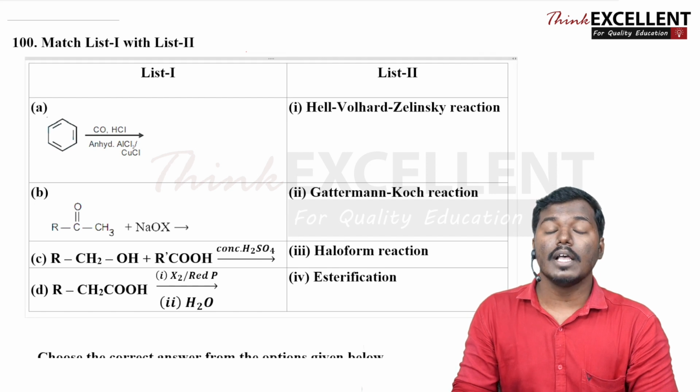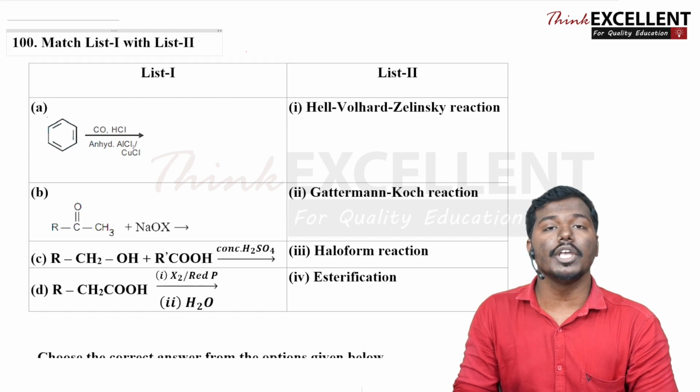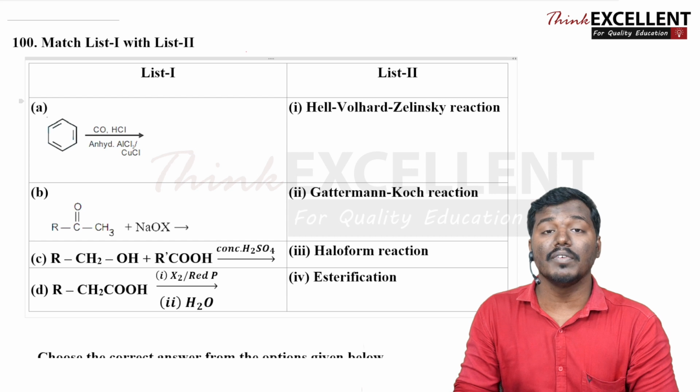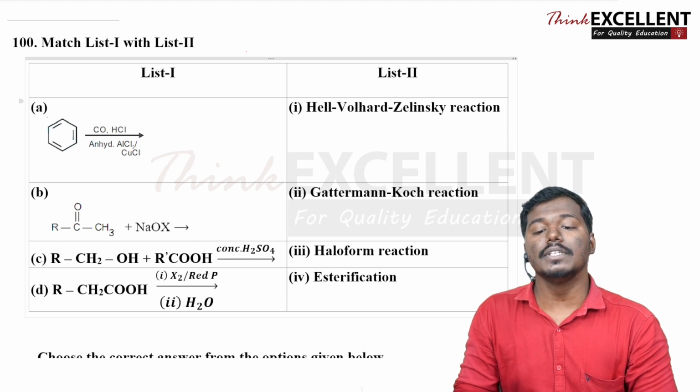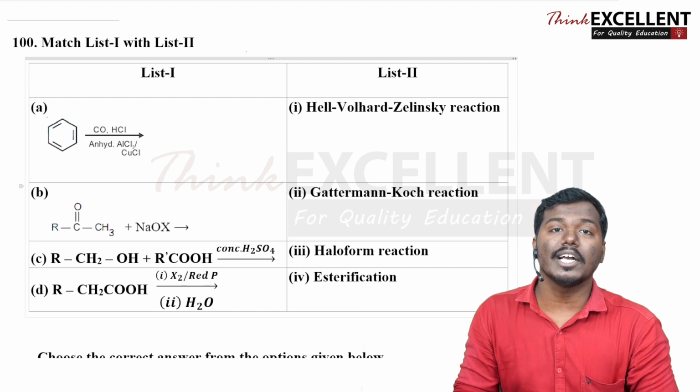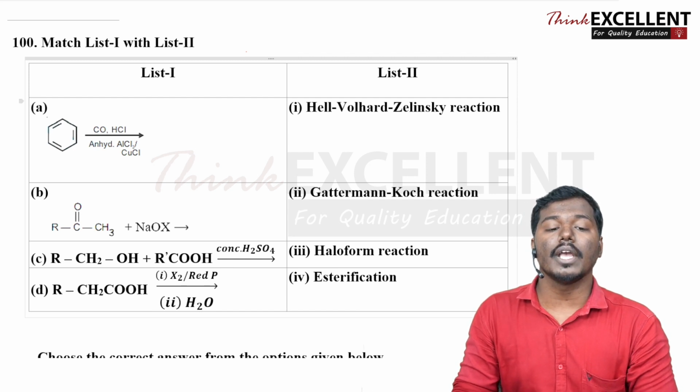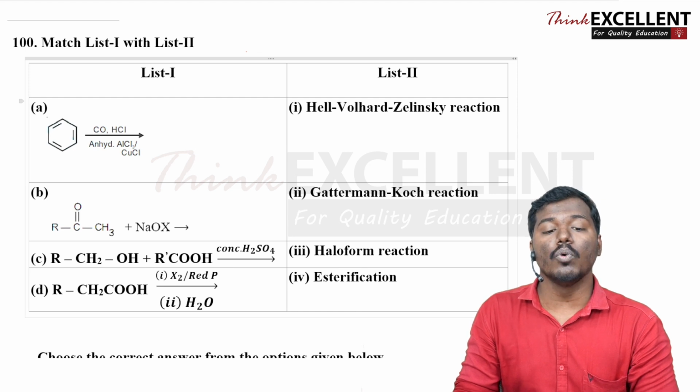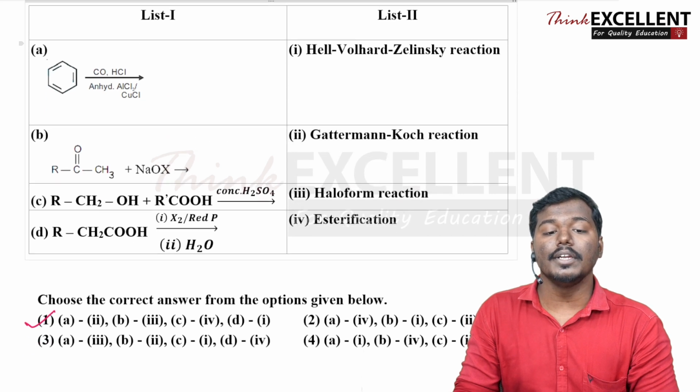have to match the list 1 with list 2. Here you can see that in the list 1 they have given 4 reactions, we have to match with the name of these reactions. Okay, so in the 4 reactions, நம்ம book la படிச்சிருக்கோம். You can see that the first reaction, benzene is reacting with CO and HCl in presence of anhydrous AlCl3 or CuCl.